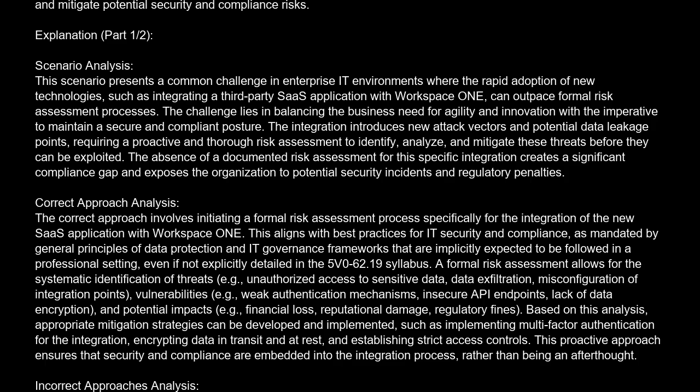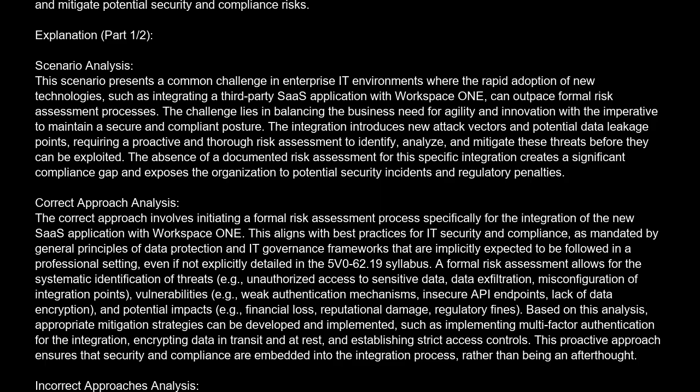Explanation. Scenario analysis. This scenario presents a common challenge in enterprise IT environments where the rapid adoption of new technologies, such as integrating a third-party SaaS application with Workspace 1, can outpace formal risk assessment processes. The challenge lies in balancing the business need for agility and innovation with the imperative to maintain a secure and compliant posture.